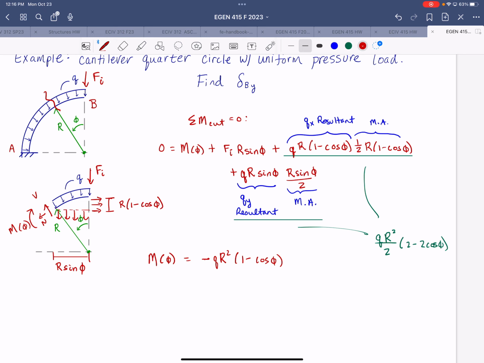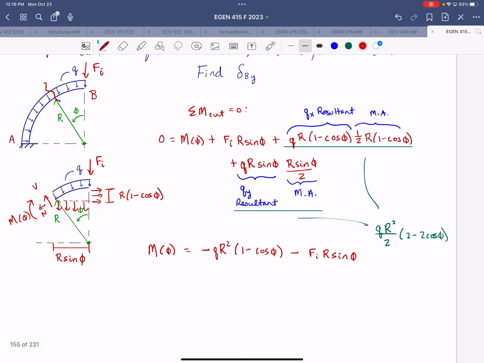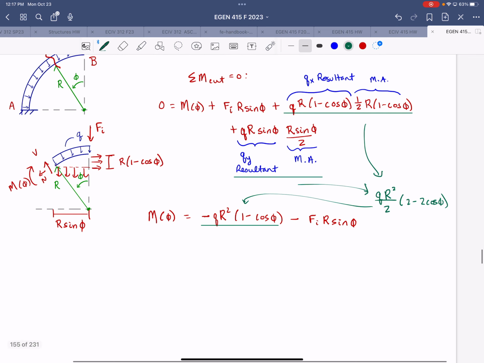So then we bring that over to here, negative QR squared times 1 minus cosine phi, and then we have minus Fi R sine phi. All right.